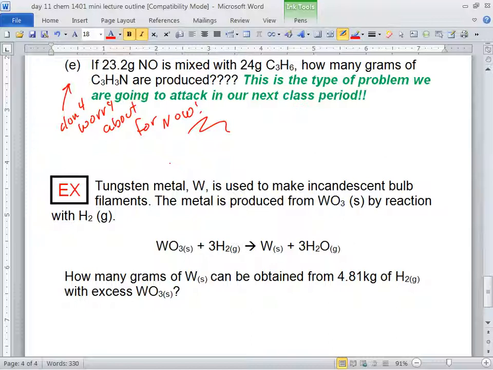I want to ask you, did I write this correctly? 481,000. So you move it over 3 places. It's kilogram, right? So you move it over from the decimal point. Kilograms per 1,000. 48.